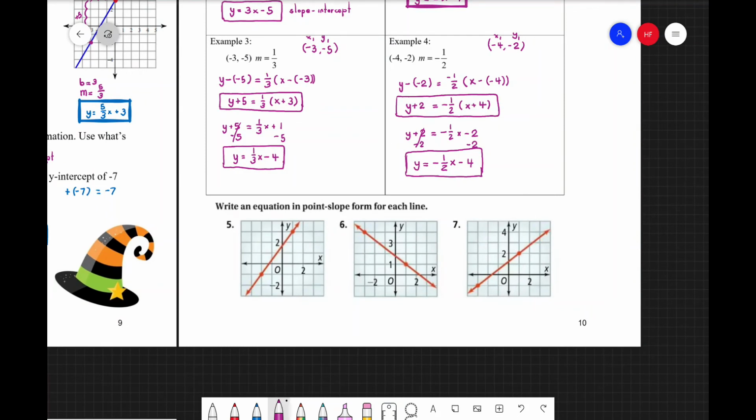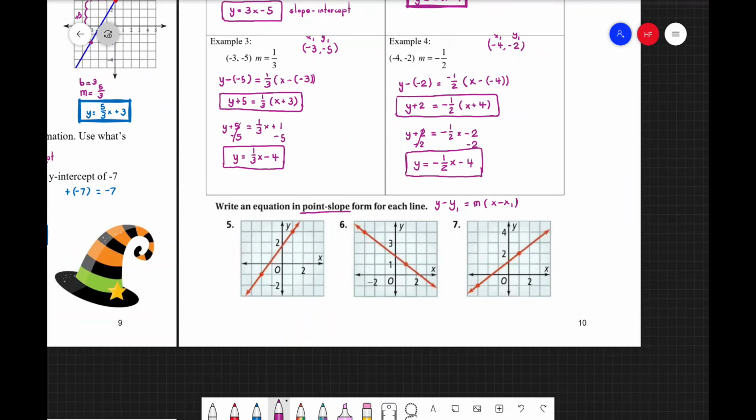Now on 5, 6, and 7 it says write an equation in point-slope form for each line. So point-slope is not the one we're used to. Now this is y minus y1 equals m times x minus x1, where x1, y1 come from a random point on the line that is not my y-intercept.